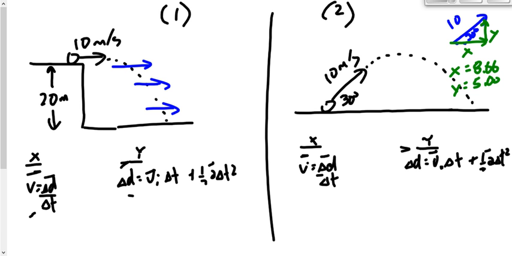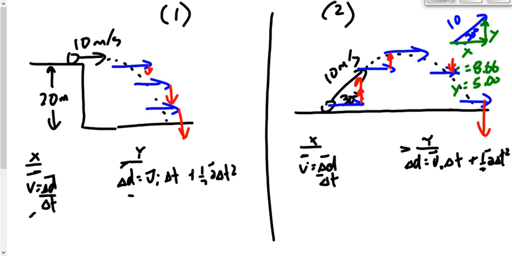Look, these problems are the same in many ways, including the fact that the horizontal velocity remains constant. Including the fact that the vertical velocity increases as you go down, although in this case it actually decreases and then increases as it goes back down.